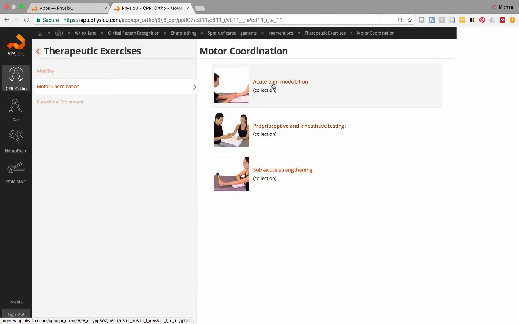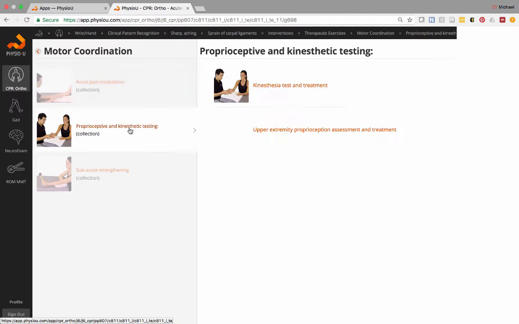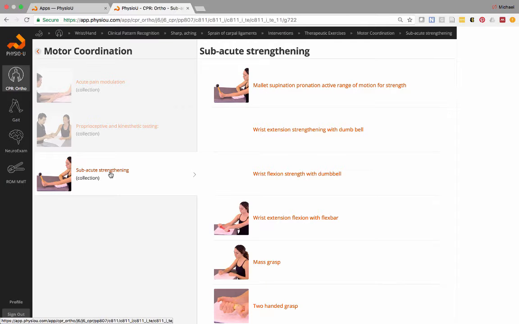In the early phases when the patient's quite painful, you might consider wrist isometrics, gentle submaximal isometrics. You will note if they are proprioceptive or kinesthetic impairments that you're going to use treatments that will help to restore these impairments. And then here's some subacute strengthening, different exercises to improve the strength of the wrist and hand.